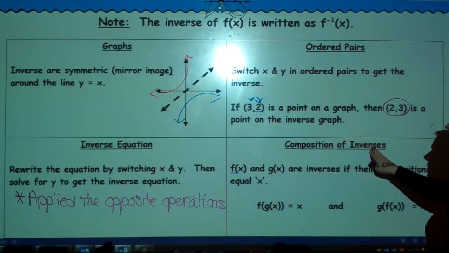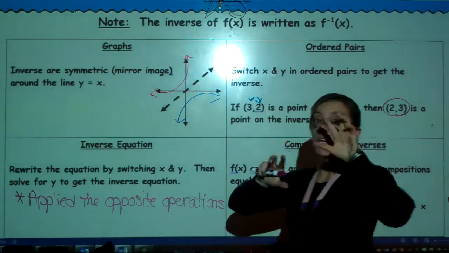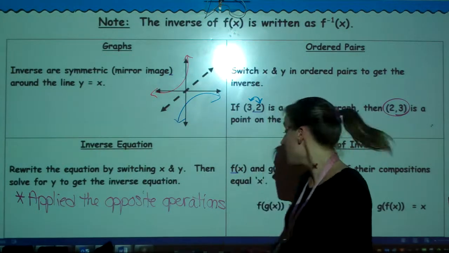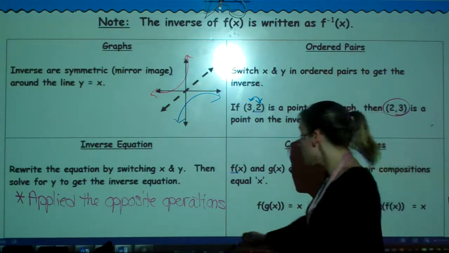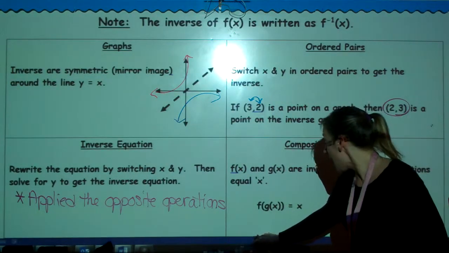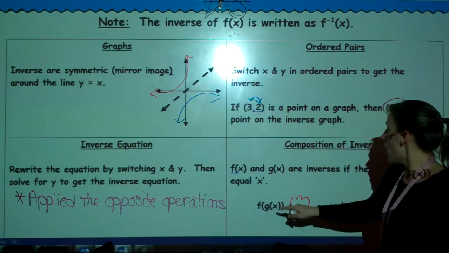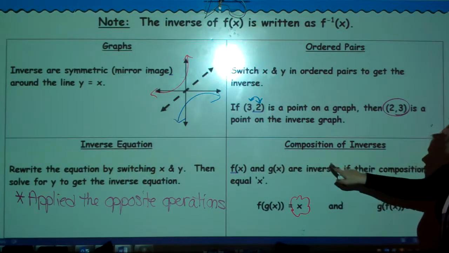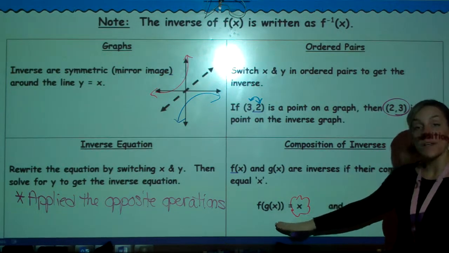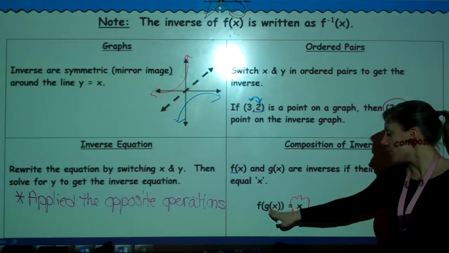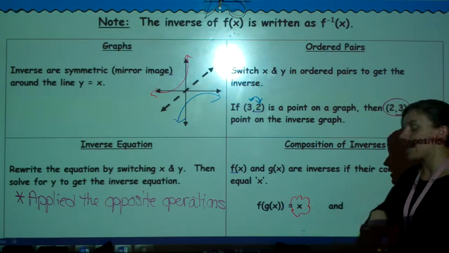And then composition of inverse, well, remember composition means you take one function and you put it into another. And when we do that with inverse functions, we get x every single time. It says if f of x and g of x are inverses, then it always equals x. So if I put the g function into the f function, it comes out as x.